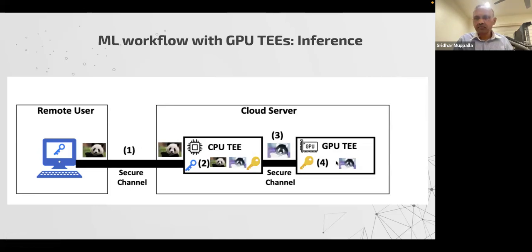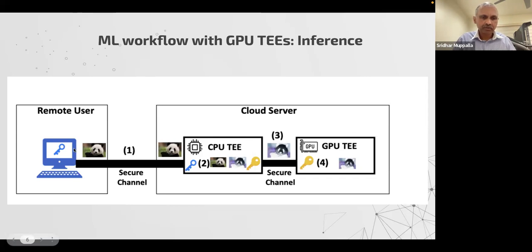So it could be an LLM which is running on this GPT, and the remote user is issuing a prompt. So they are connected to a chat GPT kind of application. And this is a path that can be established. I'm just giving an example. I think a lot of people are familiar with it.